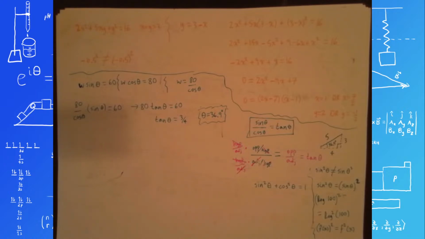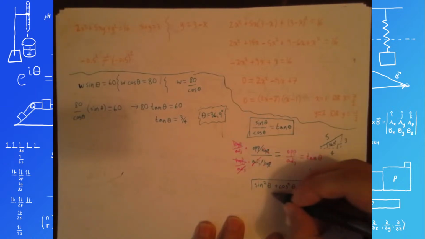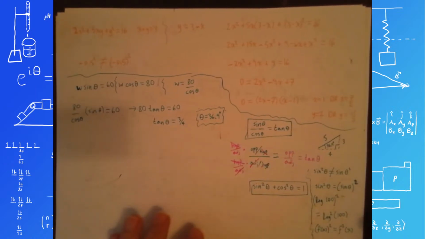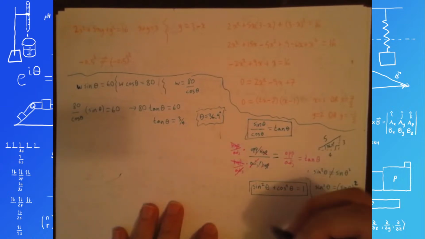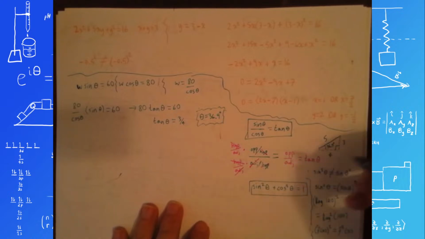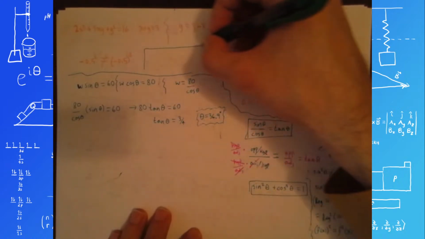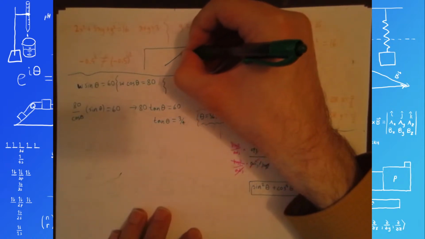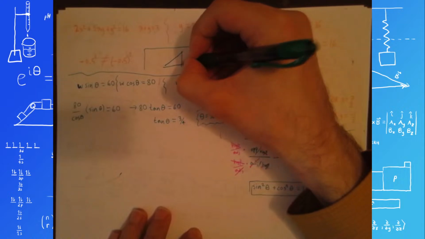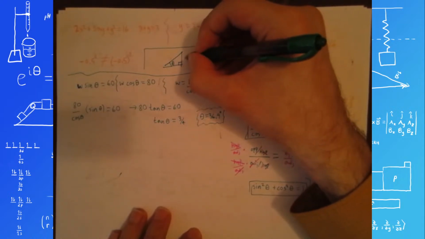Okay, so proving sine squared of theta plus cosine squared of theta equals 1. I'm going to put this in a box so that I don't lose track of it, but it's not too hard to prove. If I have a right triangle, I'll draw a separate one up here, since this one already has numbers on it. Any right triangle, it doesn't matter what this angle theta is, this will be the opposite.